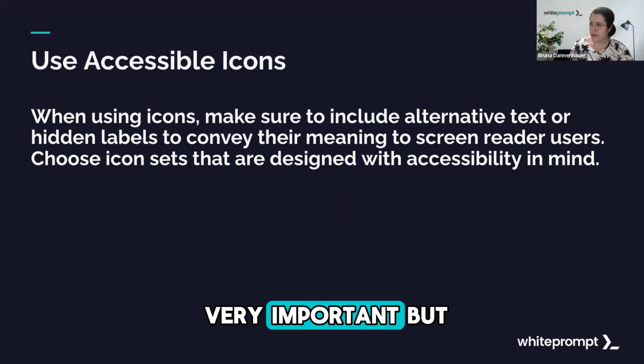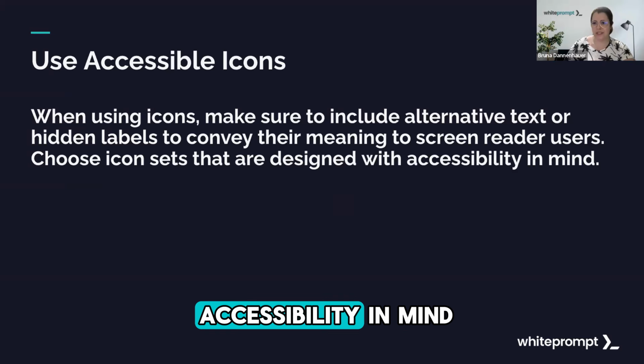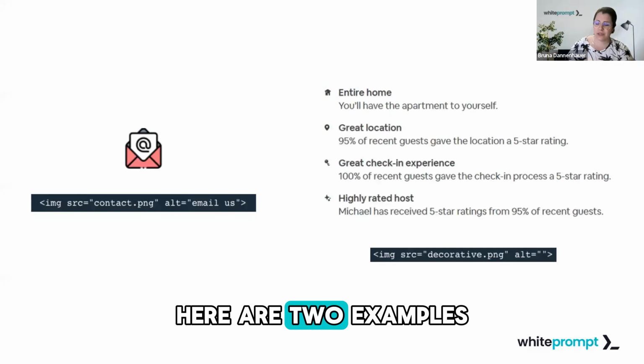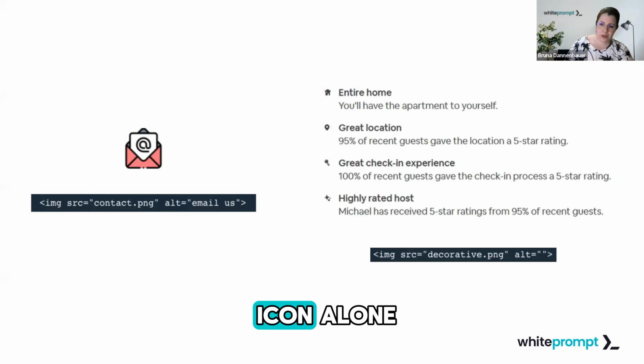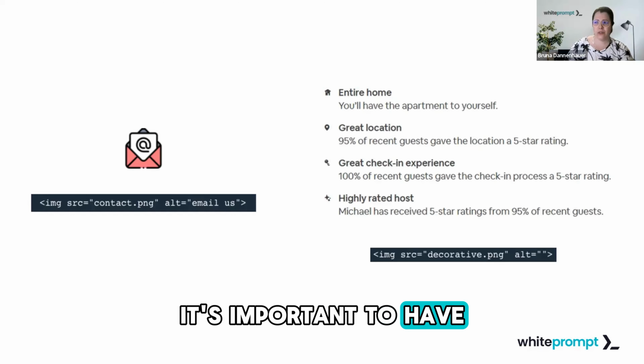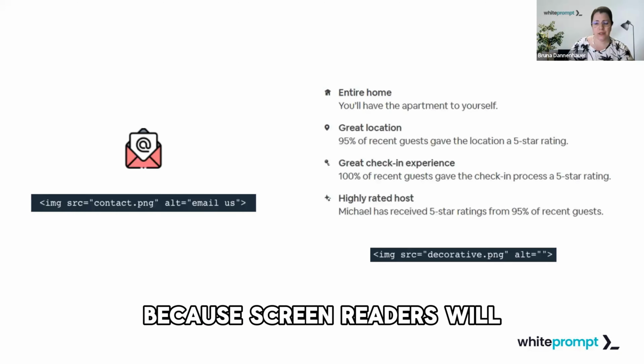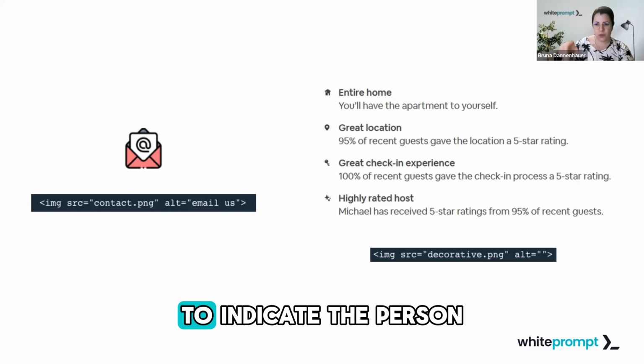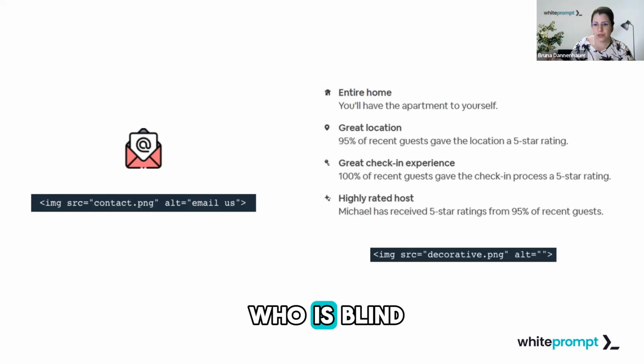It's very important. You need to keep accessibility in mind when you're building that, because here are 2 examples. When you use the icon alone, it's important to have an alternative text, because screen readers will read that to indicate to the person who is blind, in this case, what the icon does.